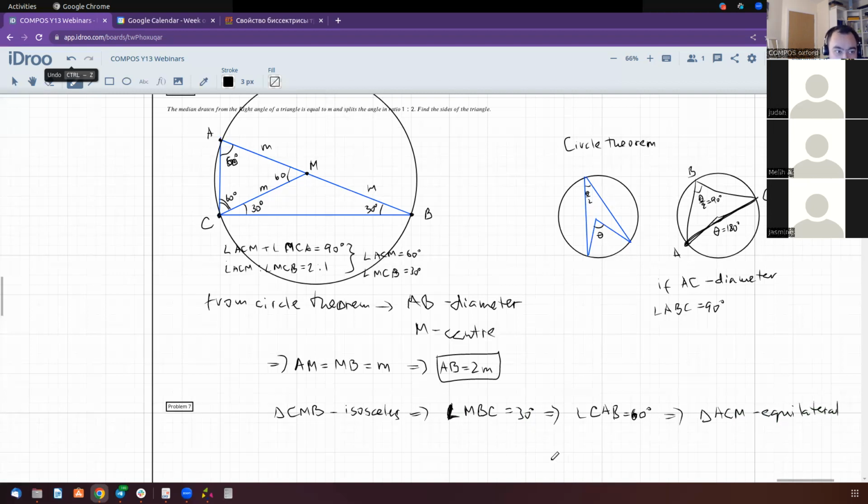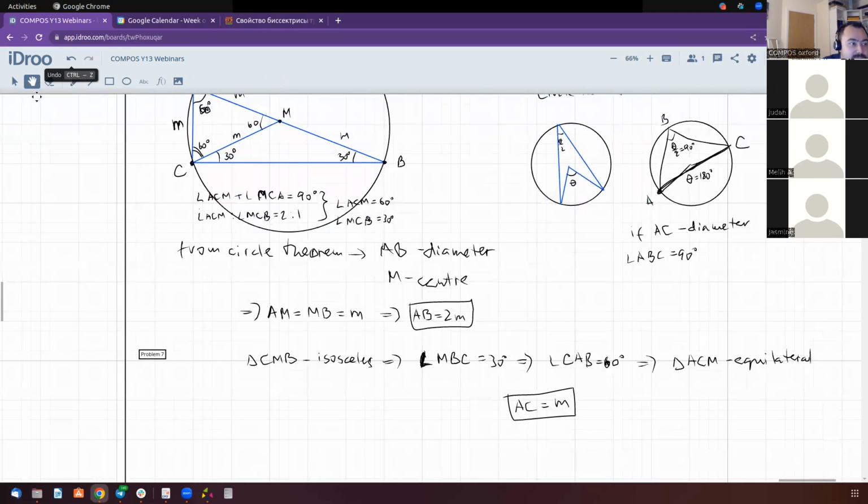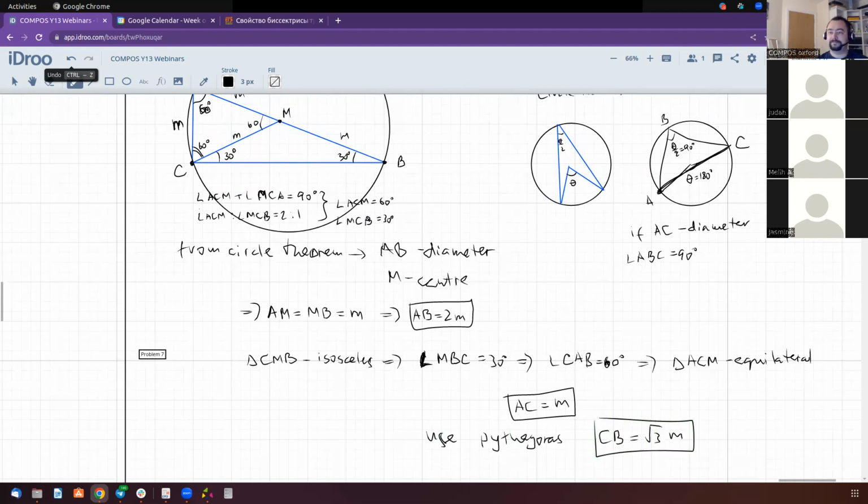And that means that AC is equal to M. Then you can use various methods, Pythagoras or trigonometry, to show that CB is equal to square root of 3M.